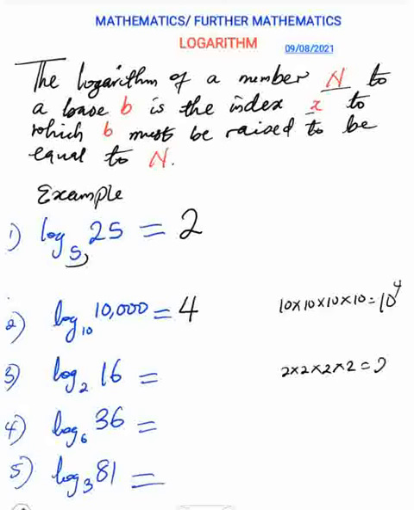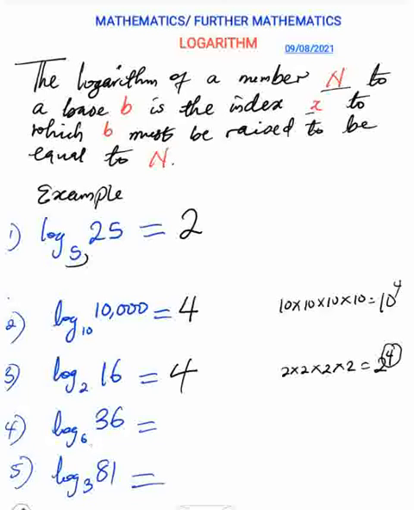It means 2 raised to the power of 4 is going to be equal to 16. Therefore, this number, that is the index to which 2 is raised to give 16, is the logarithm of 16 to base 2.